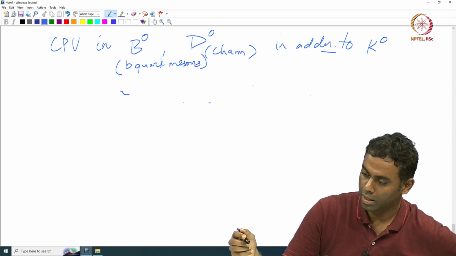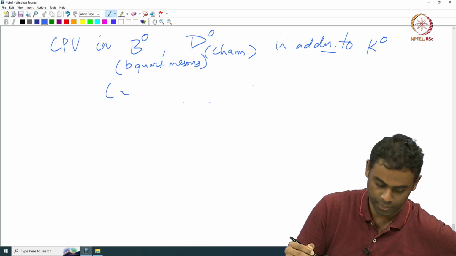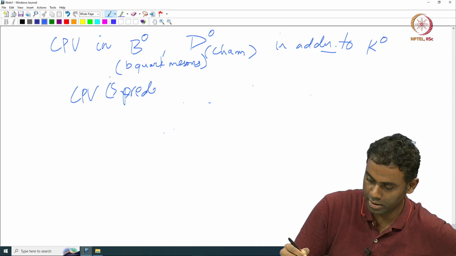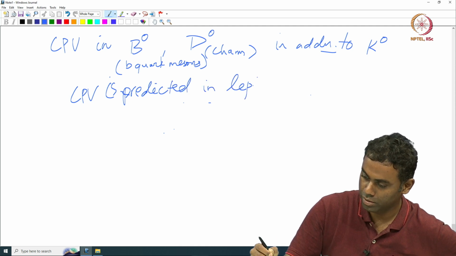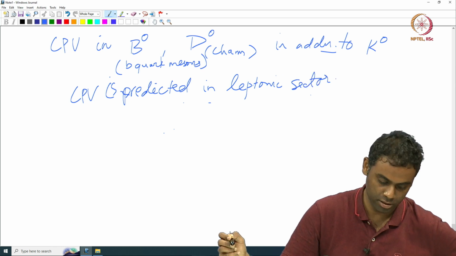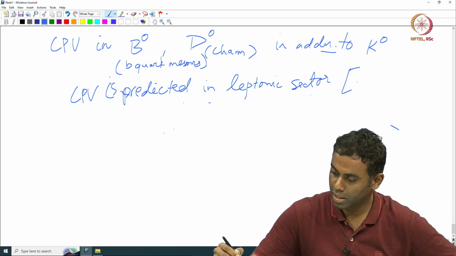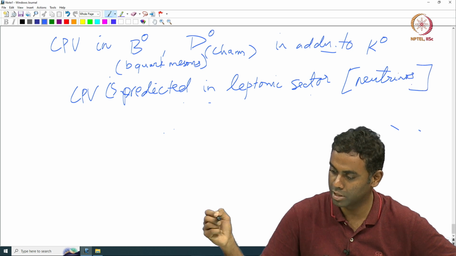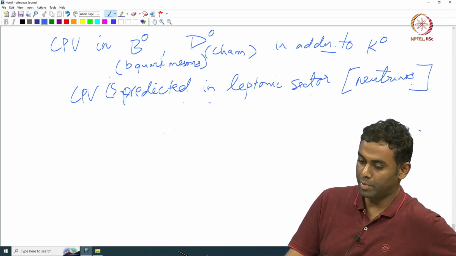Okay, not only that, CP violation is predicted to be present in the leptonic sector also. That is among the neutrinos. Okay, we haven't made an excellent measurement of this yet, but people are getting there.